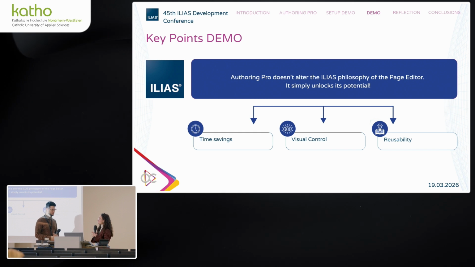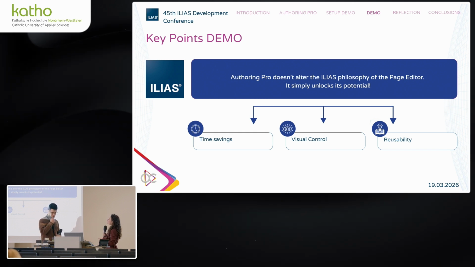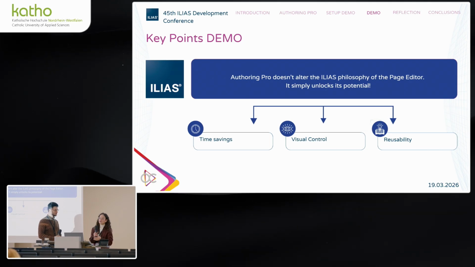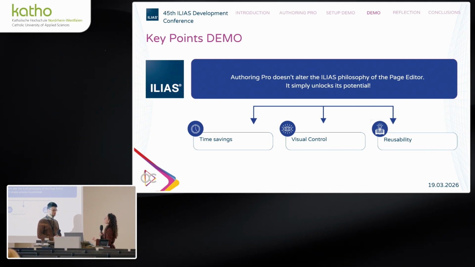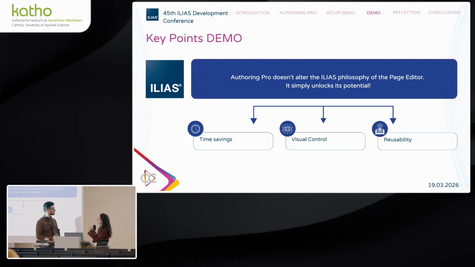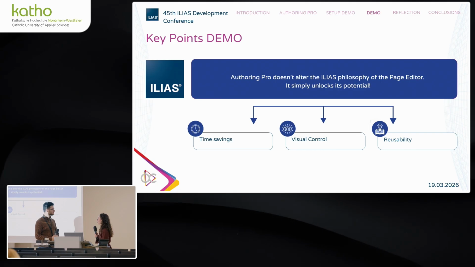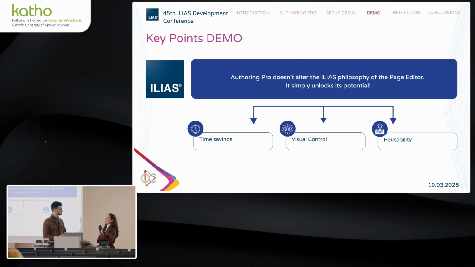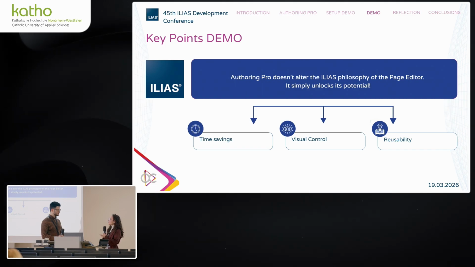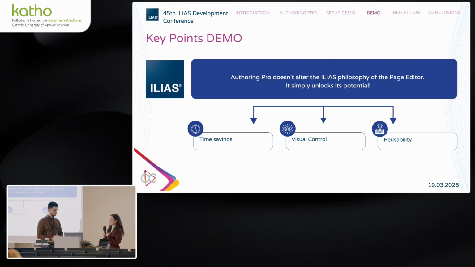Doing a short recap, we see that Authoring Pro doesn't alter the ILIAS philosophy of the page editor. It simply unlocks its potential. And we arrived at 3 key points. Time savings, because we see that the same steps need fewer clicks.